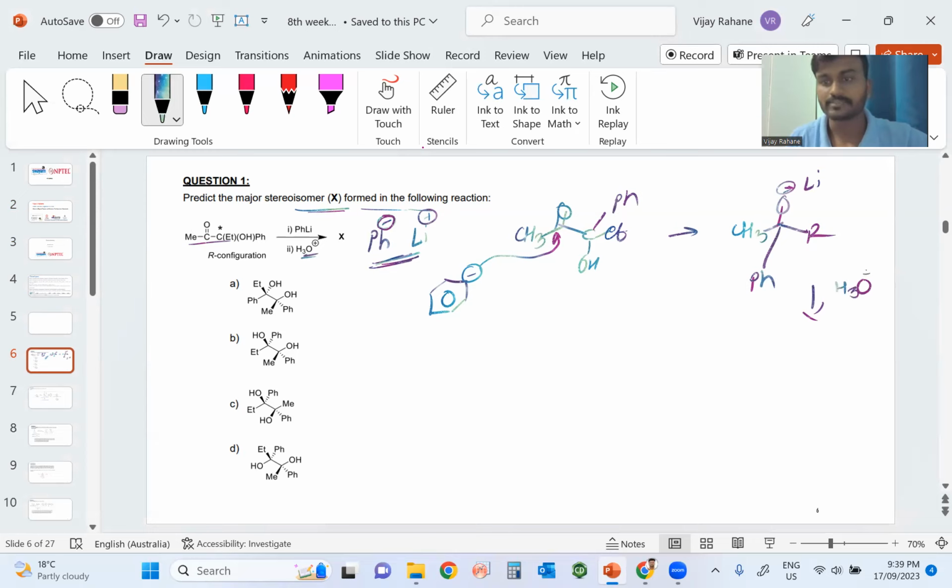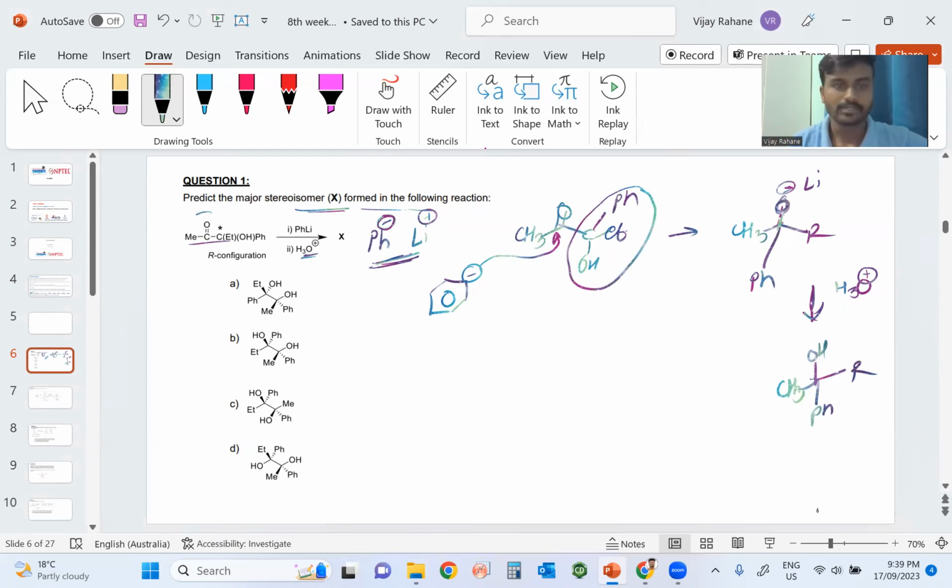After completion, we generally treat the reaction with water to quench the excess phenyl lithium as well as this intermediate. So we get the product with OH, this phenyl and this R group, which is entirely referred to as R group. So this is the reaction.